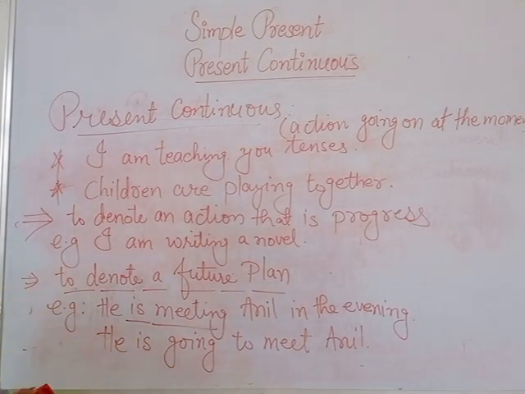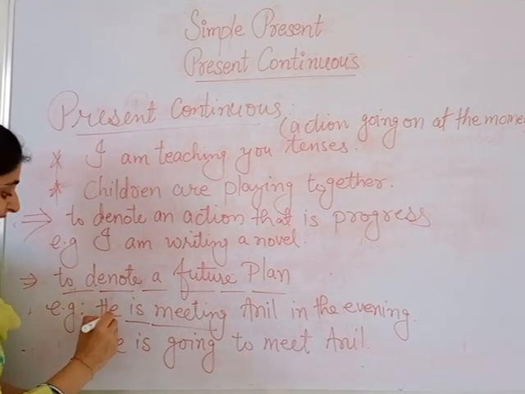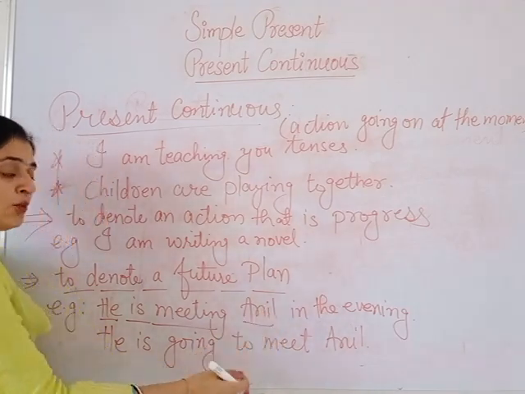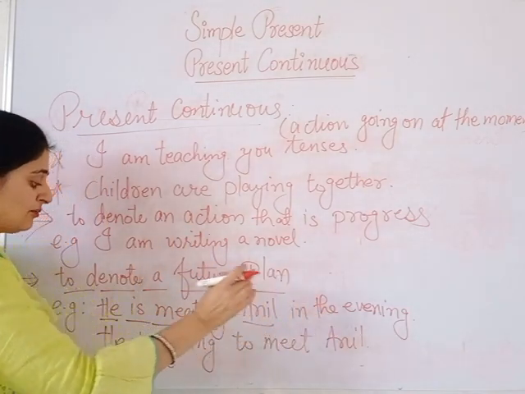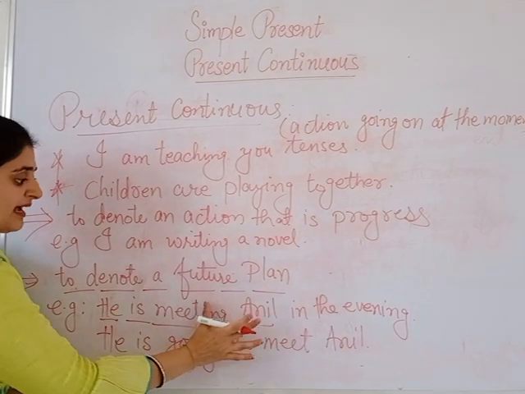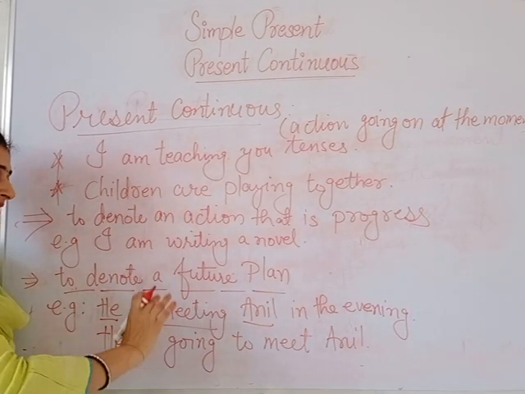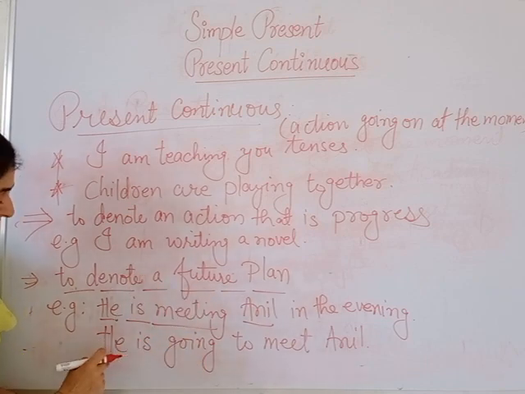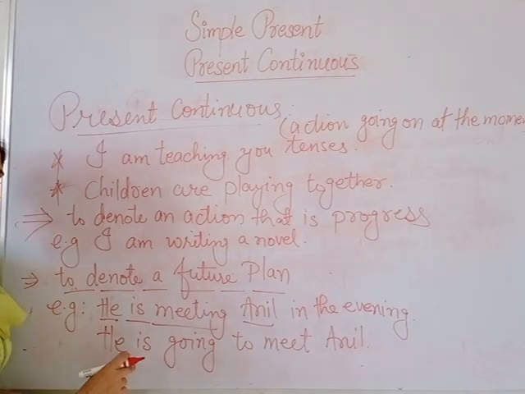Let us understand. He is meeting Anil in the evening. This sentence means that he and Anil both know well about their meeting in the evening. Mean to say, they already had a talk about their meeting. They already have arranged their meeting. But in the second sentence, he is going to meet Anil. What is the difference here?